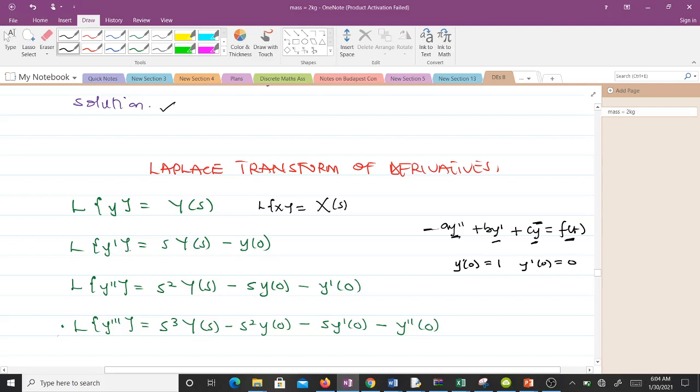Then the Laplace of y' is given by what we have here. For example, it was the Laplace of x', so that would be this. The Laplace of y'' is this, and the Laplace of y''' is that.